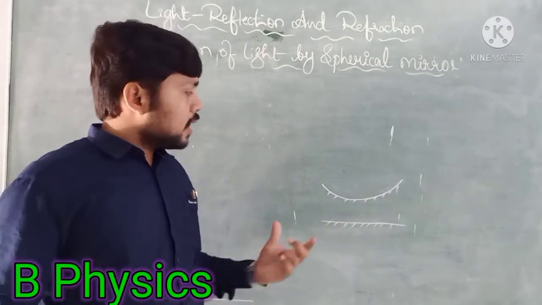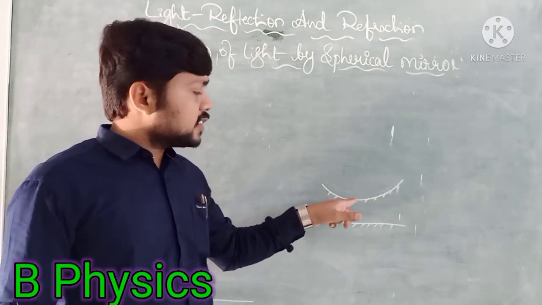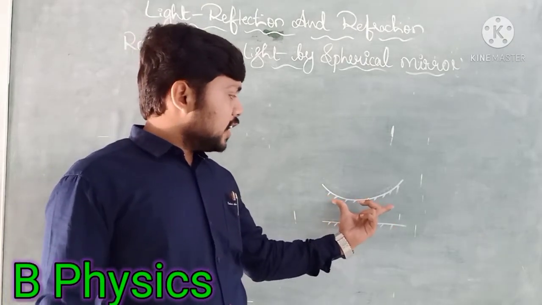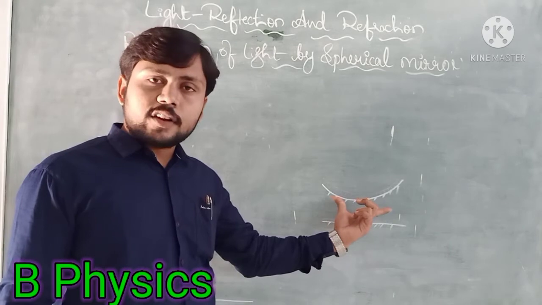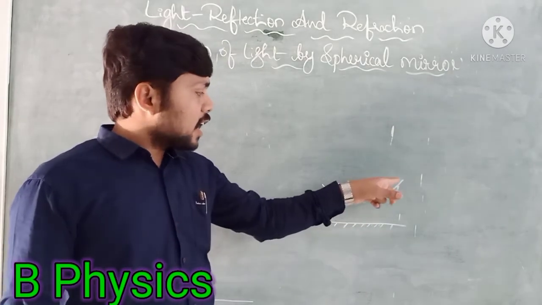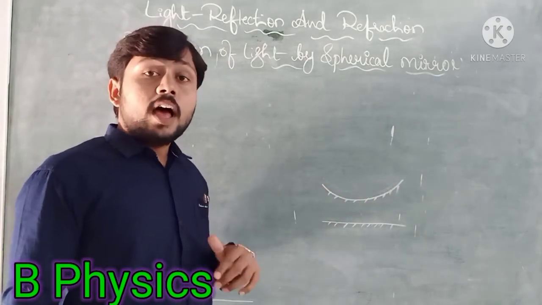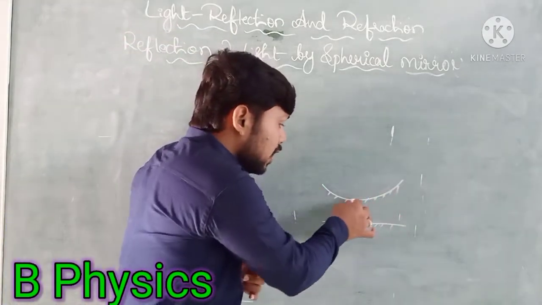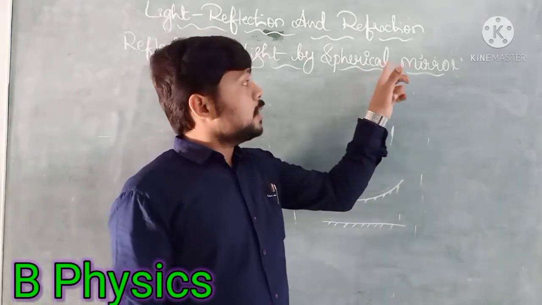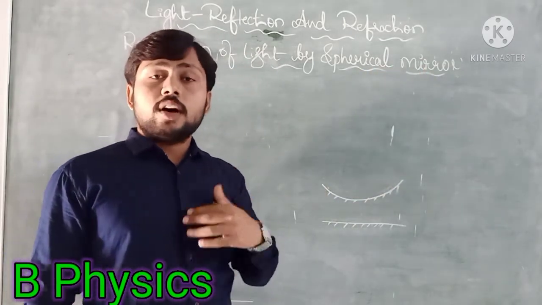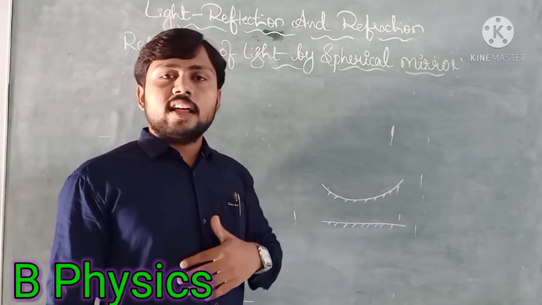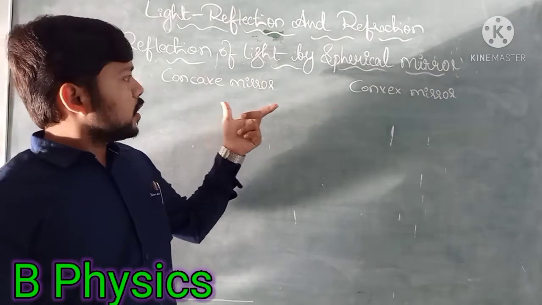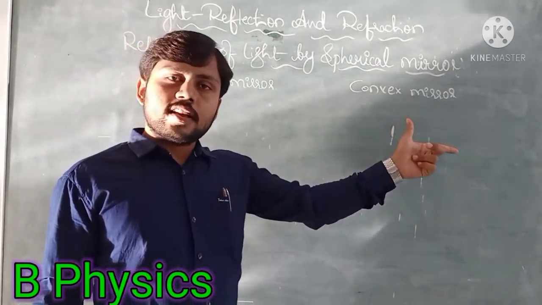In a spherical mirror, one side of the surface is coated with a thin layer of silver, as shown by shading, so that one side becomes opaque and the other side becomes highly reflecting. Depending upon the nature of the reflecting surface, a spherical mirror is of two types. One is concave mirror and the other is convex mirror. The first one is concave mirror and the second is convex mirror.